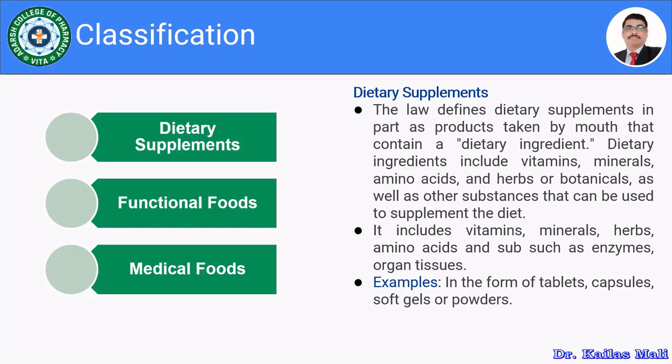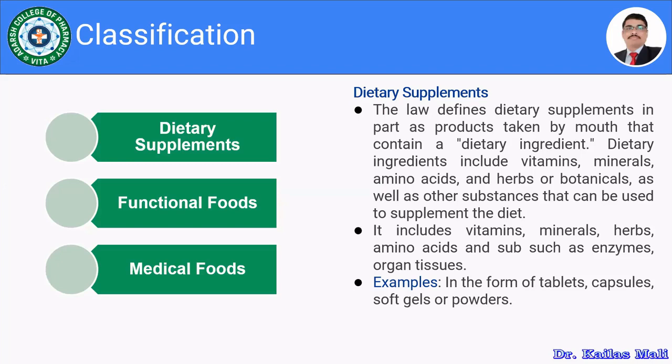The very first one is the dietary supplement. What is meant by the dietary supplement? Again, it is different from the functional and medical food. The law defines dietary supplements in part as a product taken by mouth that contains a dietary ingredient. Which are those dietary ingredients?